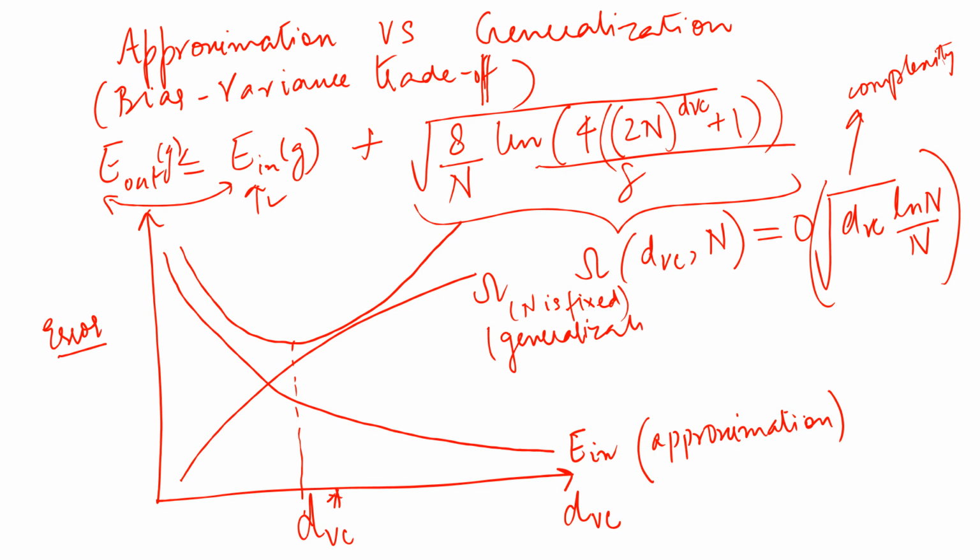So we want omega to be small, and we also want E in to be small. The only way out is that they're in opposite directions, right? So we create this trade-off, and that trade-off leads us to this VC dimension having some optimal value. Okay, so this is the pictorial representation of the approximation generalization trade-off.